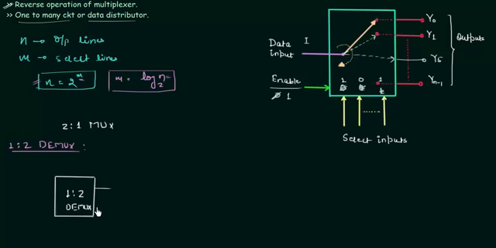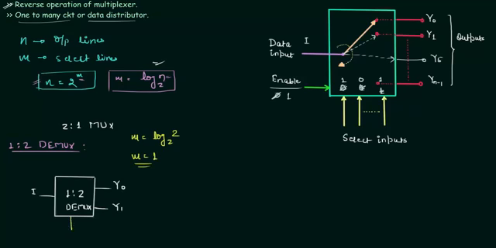We will have two outputs and let's say they are Y0, Y1. We will have a single input I, and now we want to find out the number of select inputs. We will use this formula. We know the number of outputs, so let's find out the number of select inputs. m equals log with base 2 of n, and n is 2 in this case, so m is simply 1.